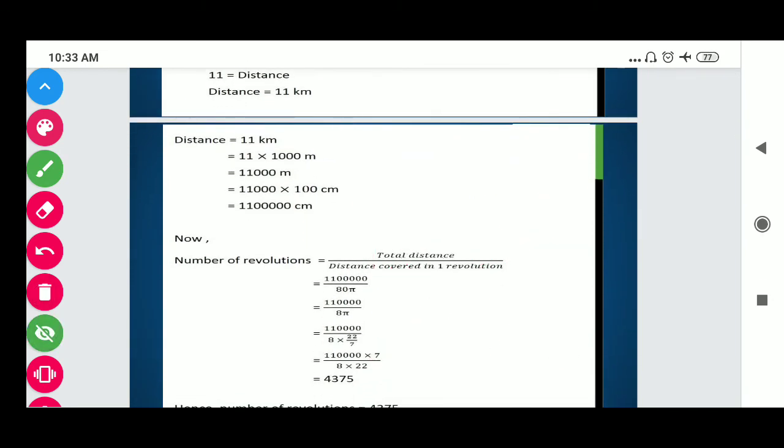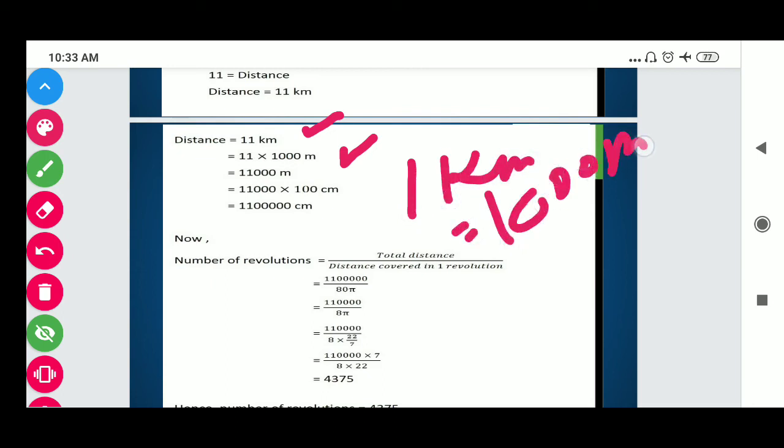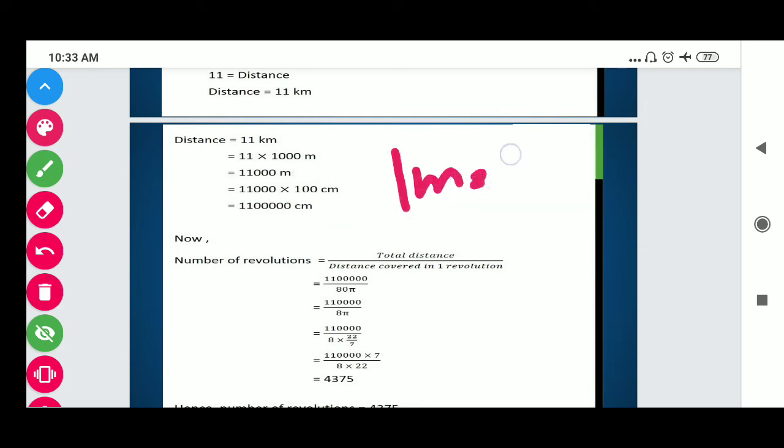Okay, so if we convert this into centimeter, first convert kilometer into meter: 1 kilometer is equal to 1000 meter. So we write here 1000 meter. Now convert meter into centimeter, because we know that 1 meter is equal to 100 centimeter. So we write here 100 centimeter.